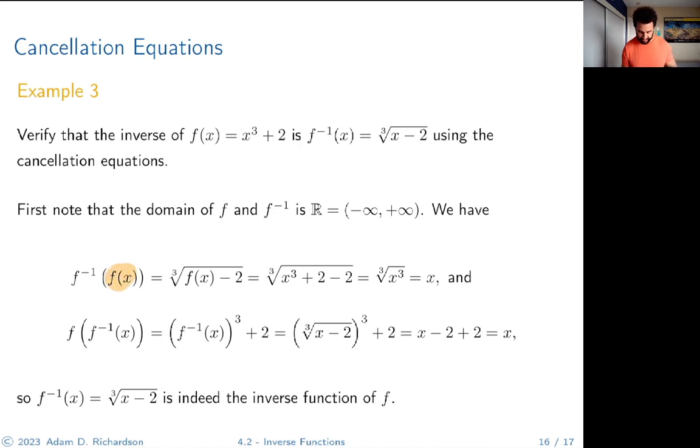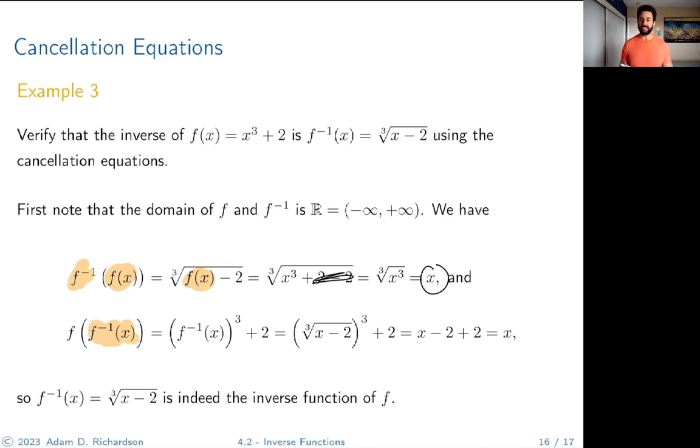Plug f of x into f inverse, and then this is what we get. And then you'll notice that everything cancels, right? The 2's cancel, and then you're left with cube root of x cubed. The cube and the cube root cancel, and you're left with x, which is the input you started with. Now do it in the other order. Apply f inverse first.